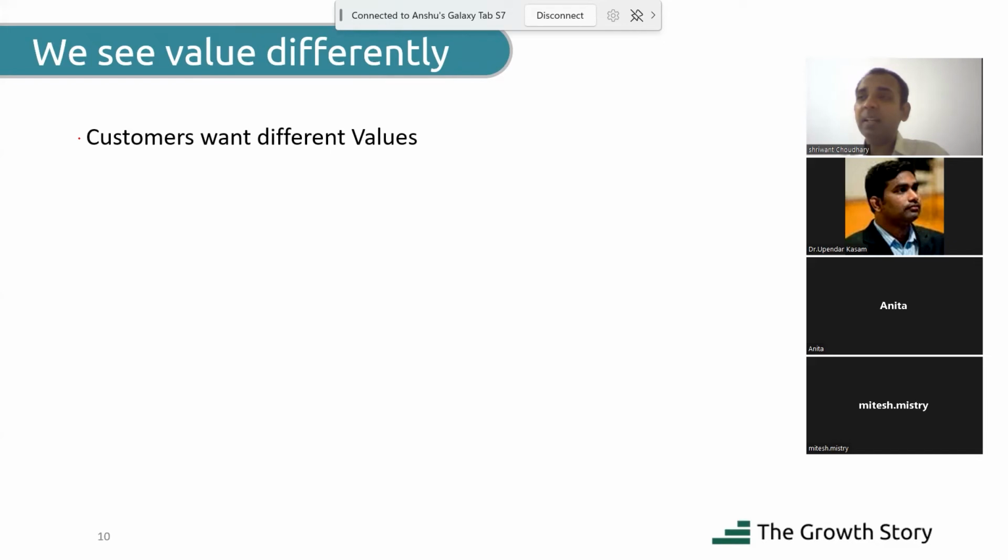He says his startup is trying to build a platform which will anonymize and distribute the data, and give you ownership of your data: where you are going, which items you are buying, what your preferences are. All this information is available with Google, Microsoft, Facebook, Amazon and so on, and they are selling it. They are making a hell of a lot of money out of that. Why are you giving it for free? Don't give it.